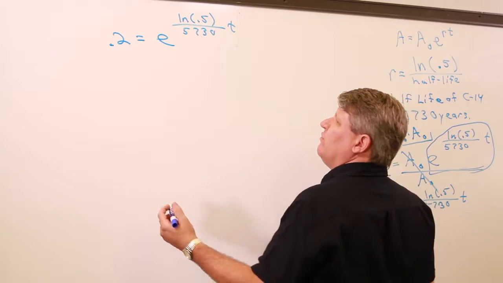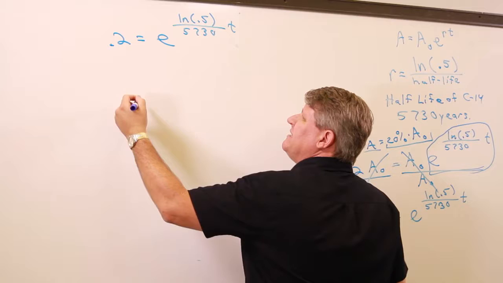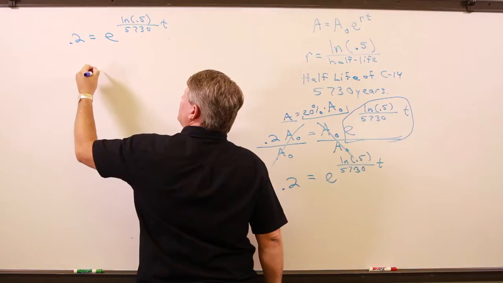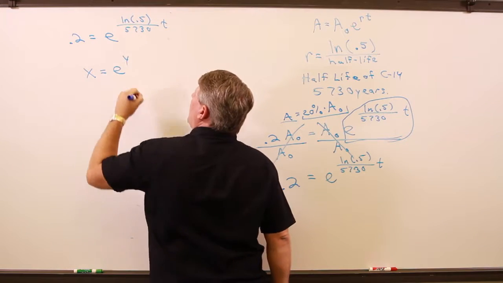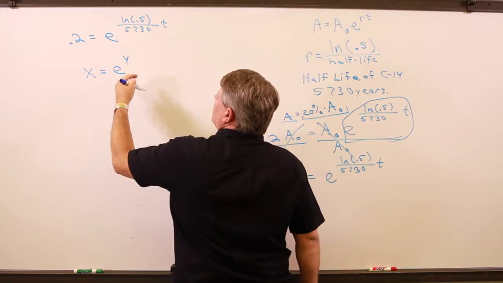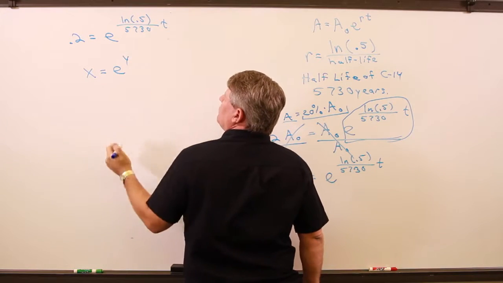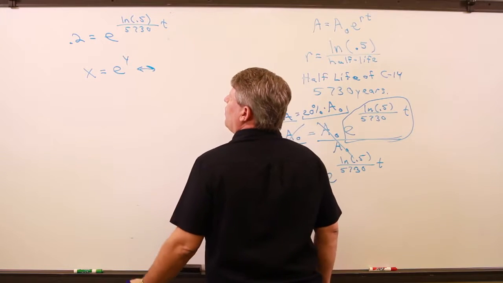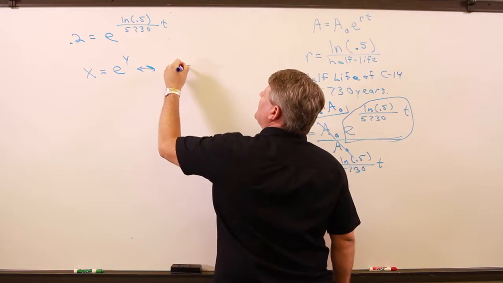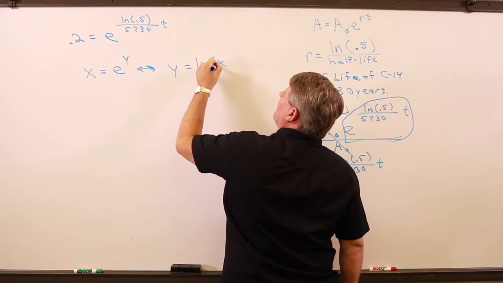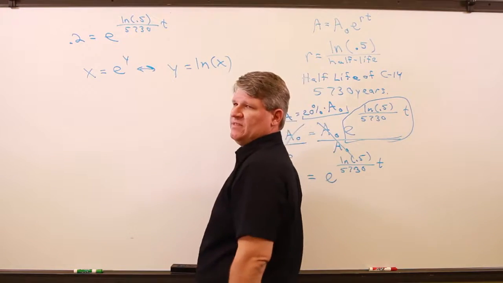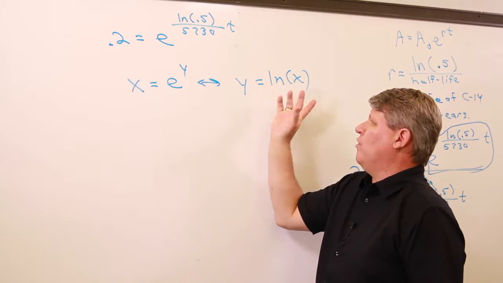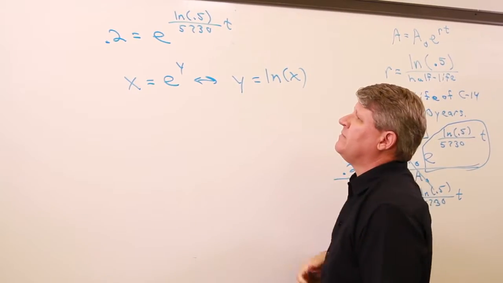I will remind you of our definition, which says if x is equal to e to the y, this is an equation in exponential form, we can rewrite that equation in logarithmic form as y is equal to the natural log of x. This is our definition for logarithms.